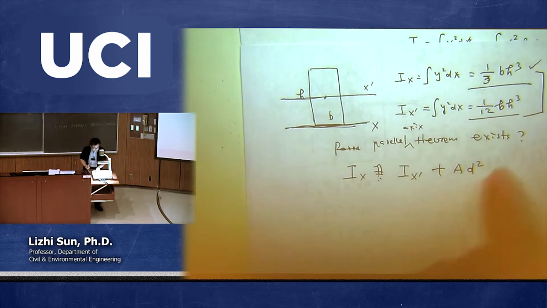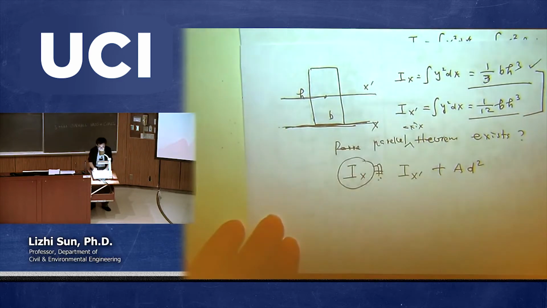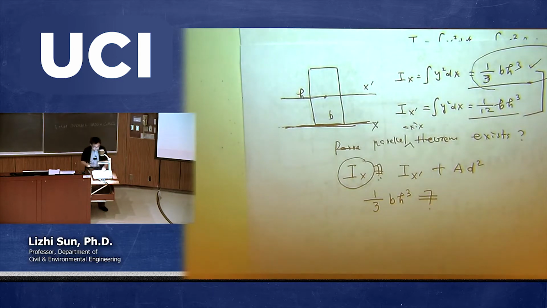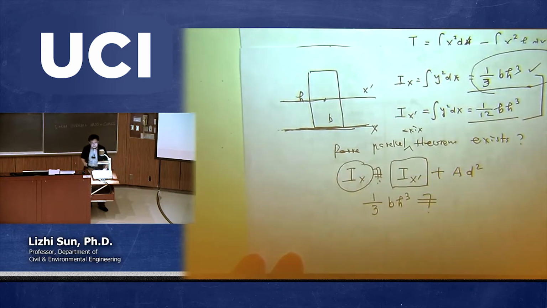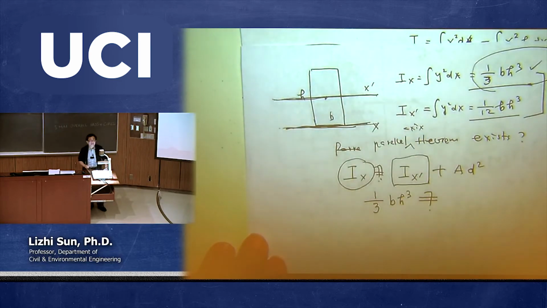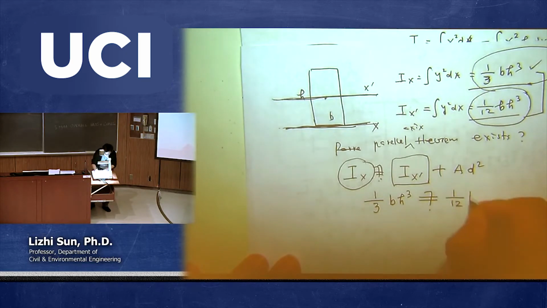We just talked about it. Now I want to use this example to check whether this is good or not. The left-hand side, the moment of inertia with this x-axis, we independently evaluated, which is 1/3 b h cubed. So I want to check whether this equals the right-hand side. The right-hand side, the first term, is the moment of inertia with respect to another axis passing through the centroid. That's called x prime. And we also independently evaluated it, which is 1/12 b h cubed.